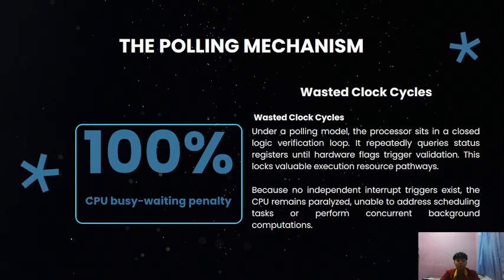During this time, the processor cannot perform other useful tasks efficiently. This situation is called busy waiting because the CPU keeps repeatedly checking the device status. As a result, many processor cycles are wasted, reducing overall system performance.